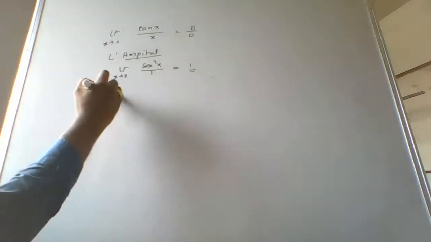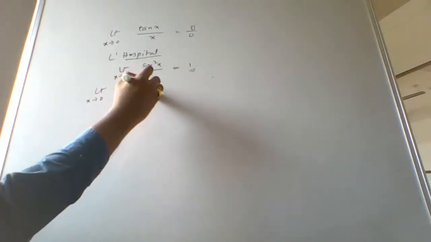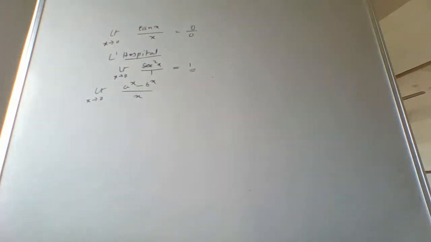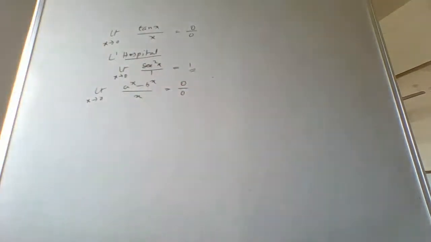So if I have the limit as x tends to 0 of a power x minus b power x, by x. Now let me put x equal to 0 here. When I substitute x equal to 0, I get a power 0 minus b power 0, which is 0 by 0. So again it is indeterminate when you put x equal to 0.